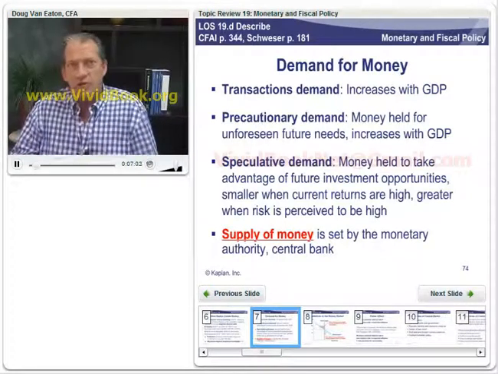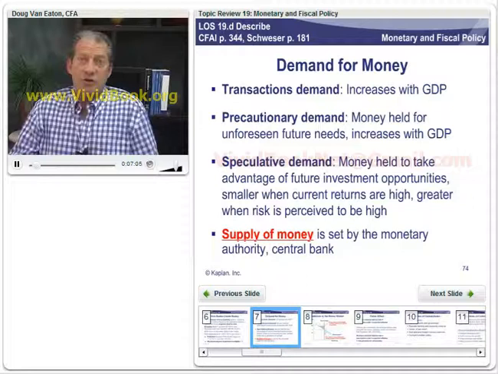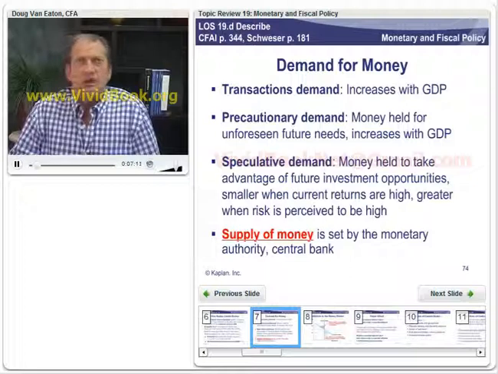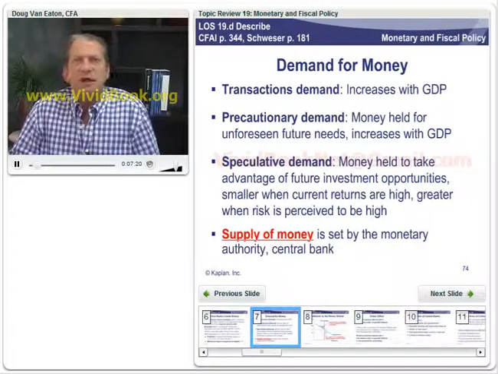Pretty straightforward there. We also have a precautionary demand, money held for unforeseen future needs. That also increases with GDP. And our third type of demand for money is speculative demand. That is, it's being held to take advantage of future investment opportunity.